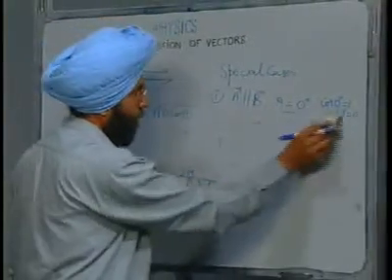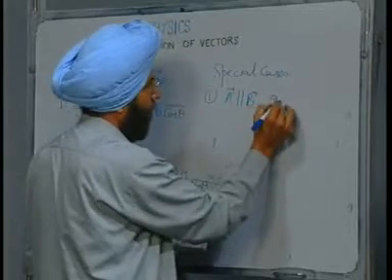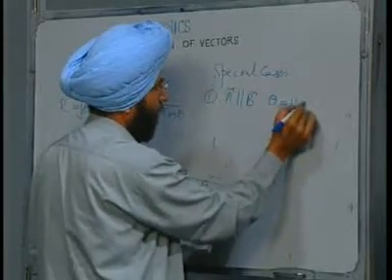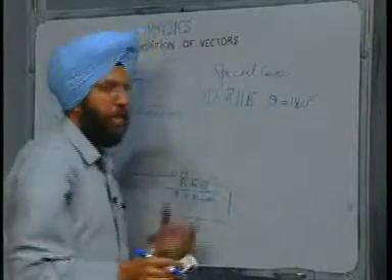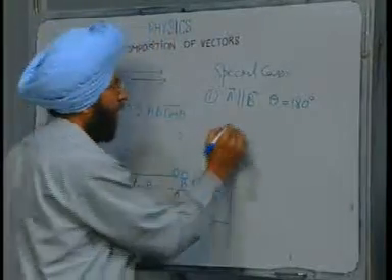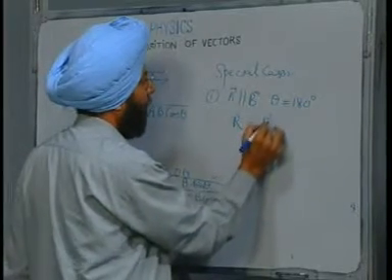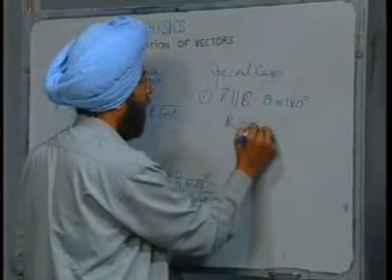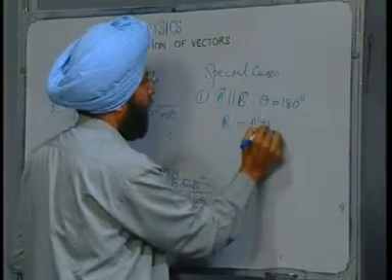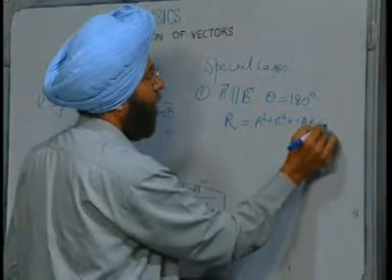Second case is when theta is 180 degree. The two vectors are parallel, but directions are opposite. So, in that case, R is equal to the square root of A square plus B square plus 2AB cos 180 degree.